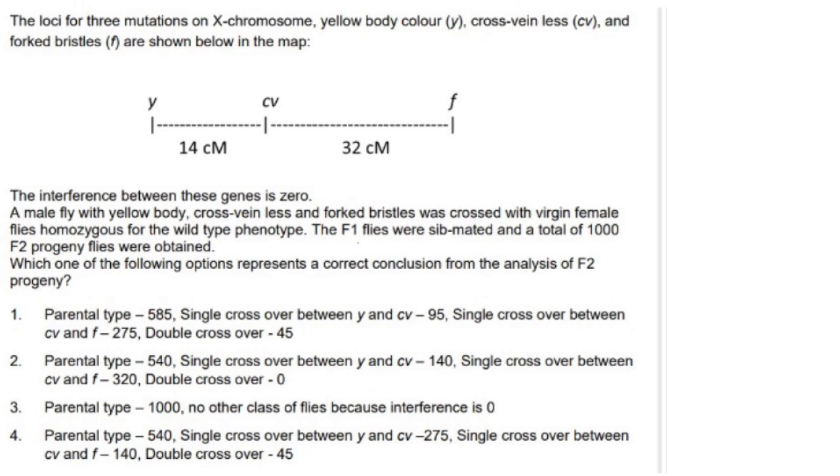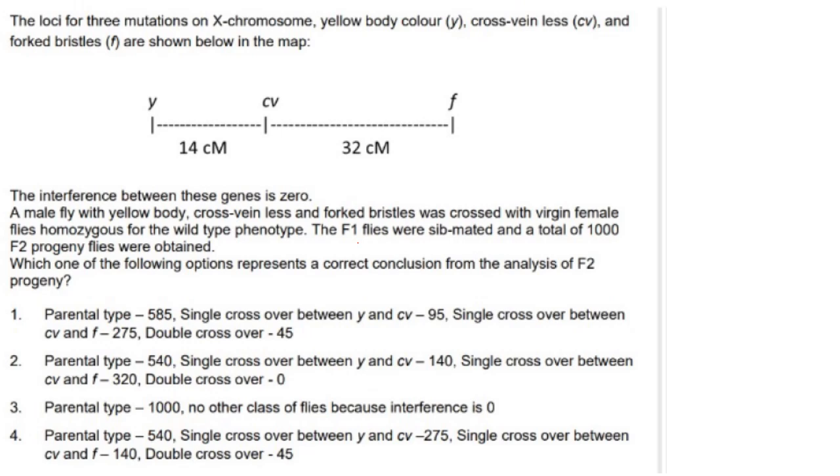So males will produce 50% Y, CV and F gametes and 50% Y gametes. Whereas the female will produce 8 types of gametes because recombination takes place in the female. It has 2 X chromosomes. So it will produce 2 parental gametes, 2 double crossovers, 2 single crossovers between Y and CV and 2 single crossover gametes between CV and F.